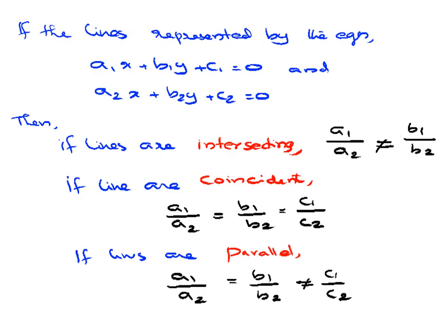If the lines are coincident, then a1 by a2 is equal to b1 by b2, that's equal to c1 by c2. If the lines are parallel, then a1 by a2 is equal to b1 by b2, that is not equal to c1 by c2.